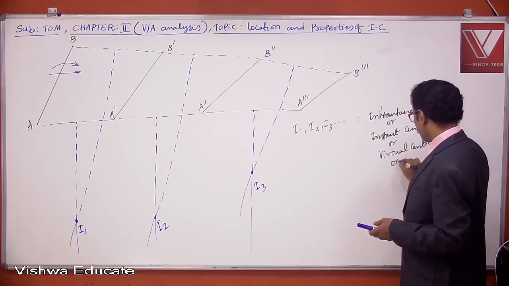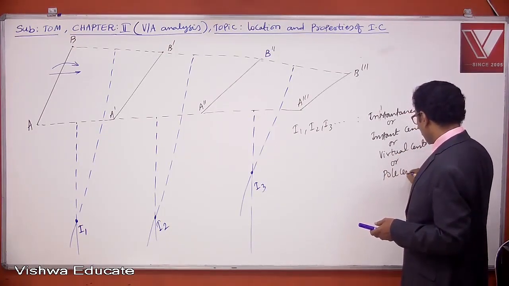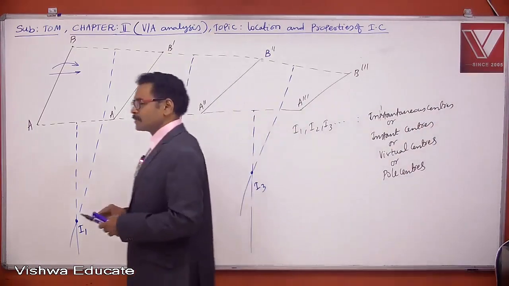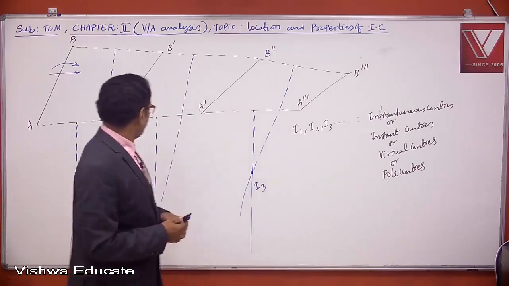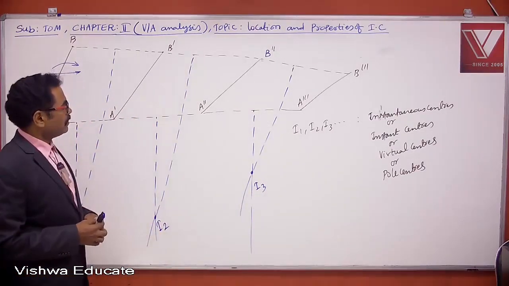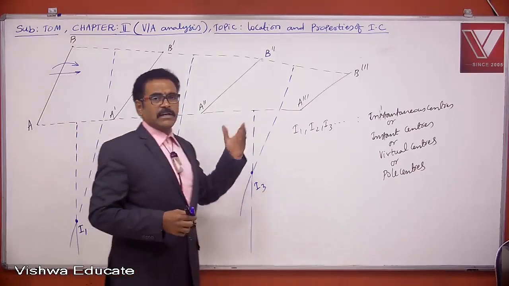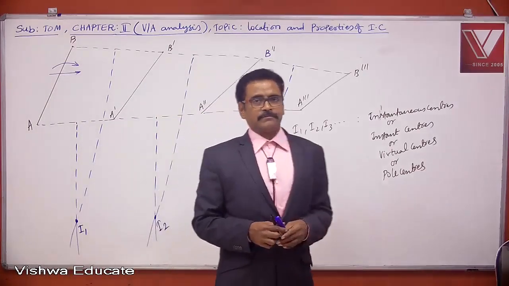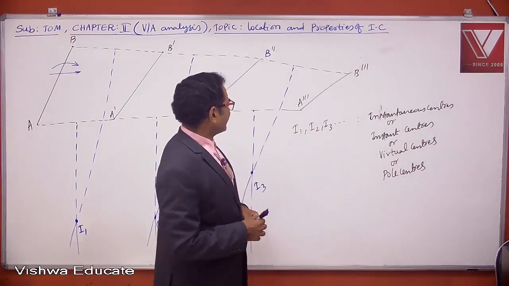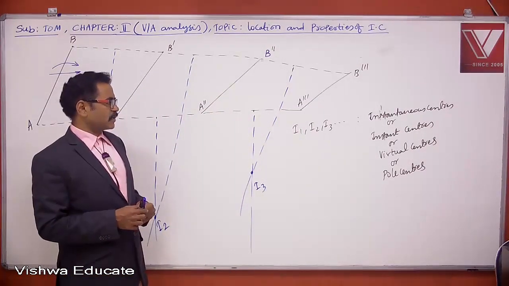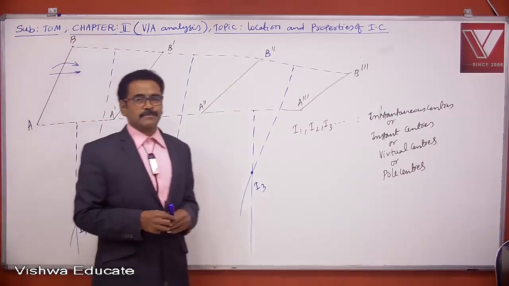Virtual centers are pole centers. Pole centers, right? Just copy this diagram. So I1, I2, I3 and so on. Like this, you can locate any number of I's in a cycle of operation. So all these points are referred to as instantaneous centers or instant centers or virtual centers or pole centers.